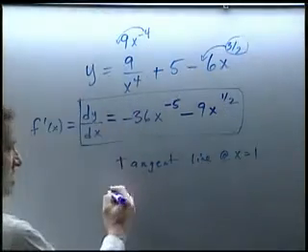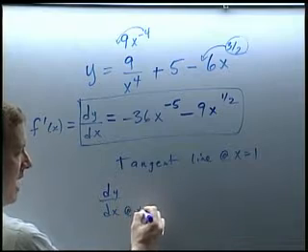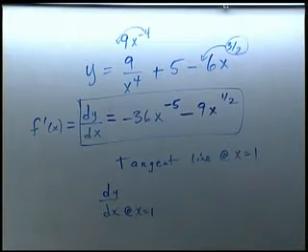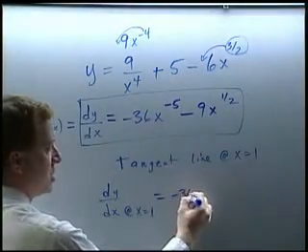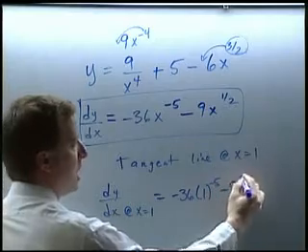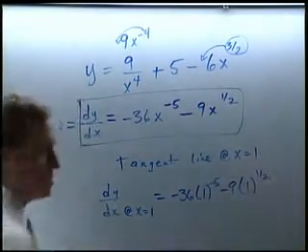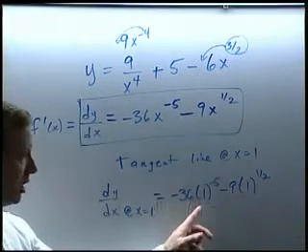Well, let's plug it in and see. dy dx, and I'll just put down here at x equals 1 just to remind myself that's what I'm doing here. Negative 36, 1 to the negative fifth, minus 9, 1 to the 1/2. I'm just substituting in 1. Well, what's 1 to any power?